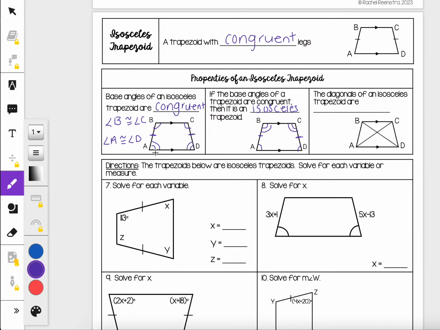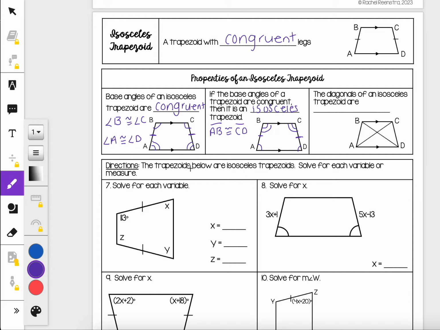So here we are starting with the fact that we know it's an isosceles trapezoid, so we know the base angles are congruent. And then here we're saying if the base angles are congruent, then it is an isosceles trapezoid, and segment AB is going to be congruent to segment CD.